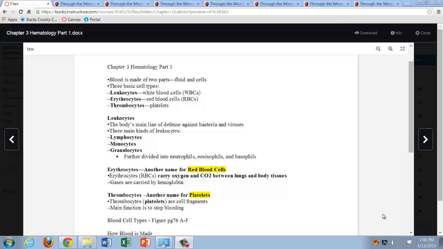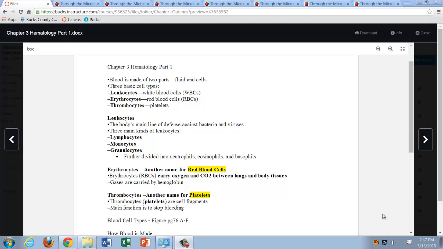Let's talk about the 3 basic cell types. We have leukocytes. You remember leuko from medical terminology meaning white, erythrocytes, erythro meaning red, and thrombocytes, thrombo meaning to clot. Most of the time we don't use those terms. We abbreviate and say WBC, RBC, or platelet. So let's talk about leukocytes.